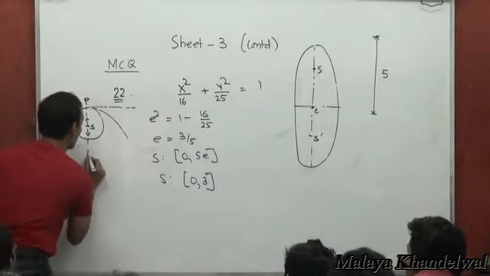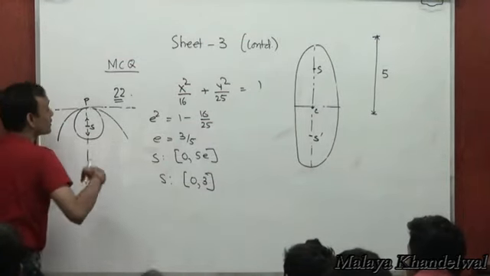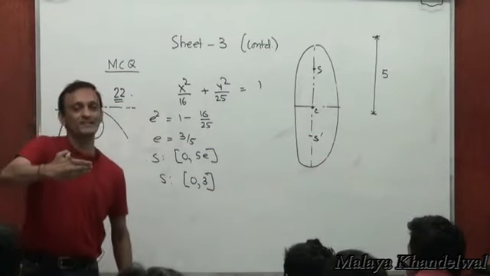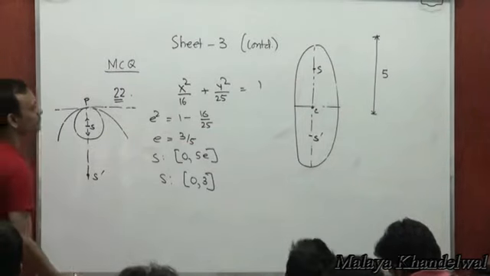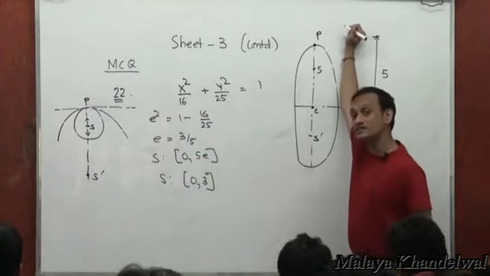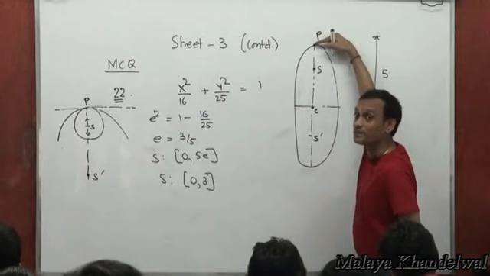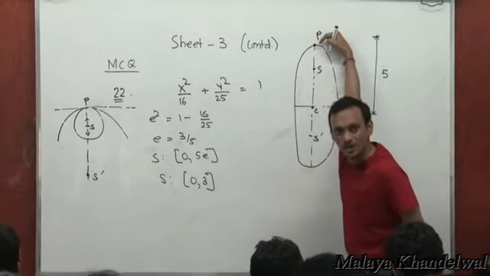That means the other focus must lie on the reflected ray, clearly meaning that S, P and S prime must be collinear points, right? So this must be the extremity of the major axis of the ellipse, must also be the point where the circle touches the ellipse, yes or no?